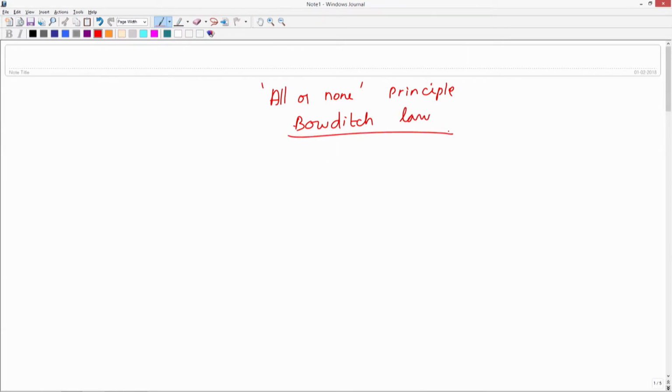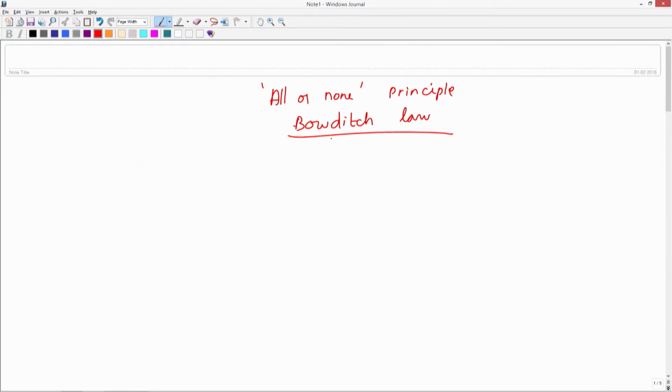This principle says that all the muscles connected to the motor neuron will be firing or none will fire. That is the concept of the motor unit. It is important to understand that all the muscles are either active or not active.